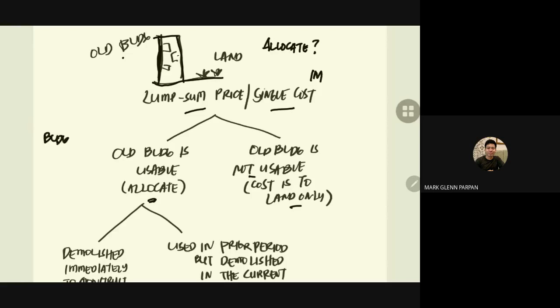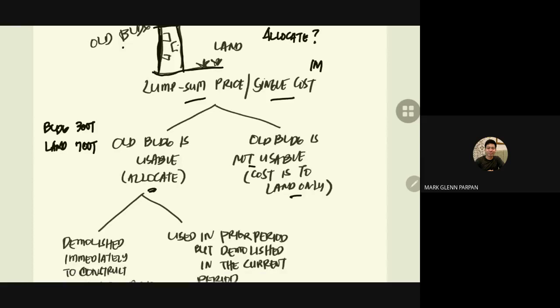So, pinorate natin siya, we used the relative sales price method. Ang nagawa natin, 300,000 ang na-allocate sa building, let's assume, and 700,000 ang na-allocate sa land, let's assume. So, what do we do now?